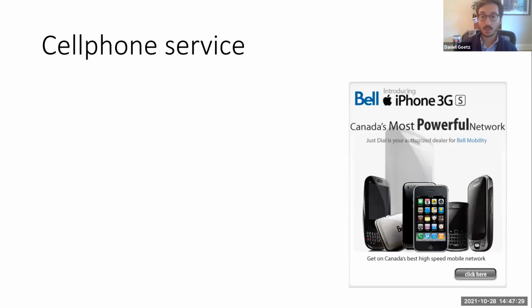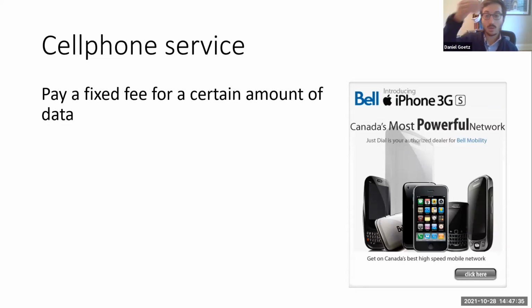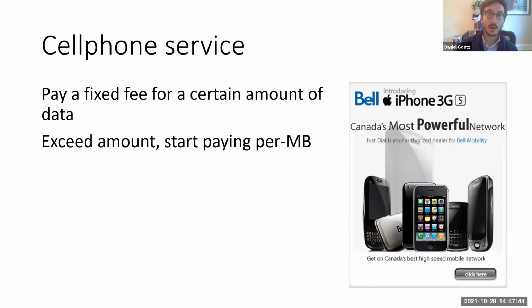Cell phone service looks kind of similar to a two-part tariff. You pay a fixed fee and you get a certain amount of data for free, right? But on a lot of recent plans, you still pay per megabyte once you exceed your data cap, right?